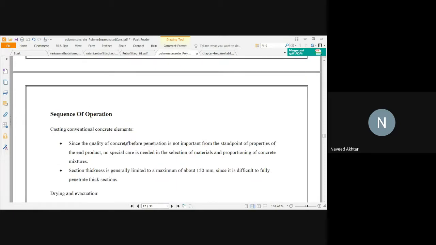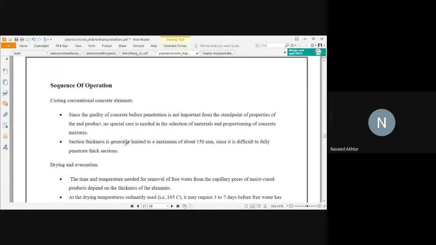Sequence of operation. Since the quality of concrete before penetration is not important from the standpoint of properties of the end product, special care is needed in the selection of material and proportioning of the concrete mixture.